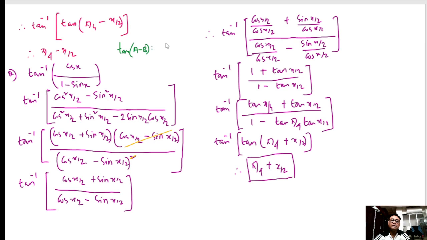tan a minus b is tan a minus tan b by 1 plus tan a tan b. Similarly tan a plus b, let me write it here only.